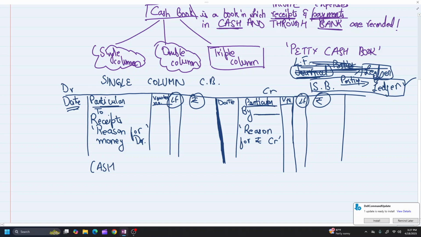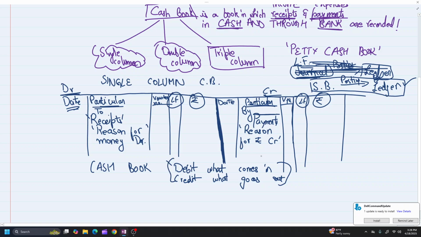Your cash book follows the rule: debit what comes in, credit what goes out. So the reason why I am writing receipts on the debit side and payments on the credit side is this.